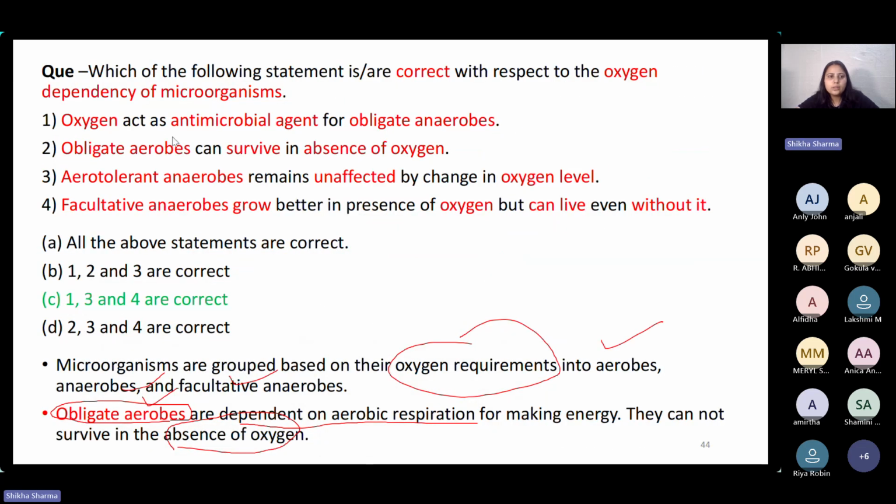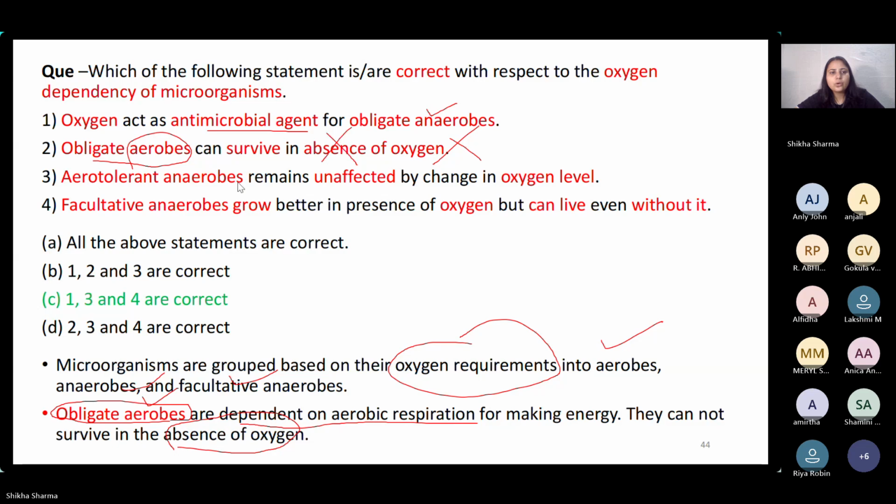Here, the first statement says that oxygen acts as an antimicrobial agent for obligate anaerobes. Obligate anaerobes cannot survive in oxygen, so this statement is correct. Then, obligate aerobes need oxygen for their survival, so correct.